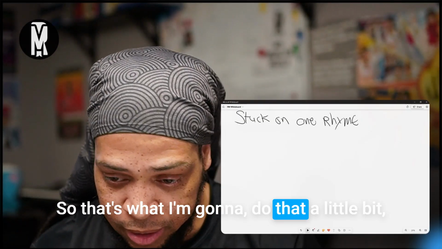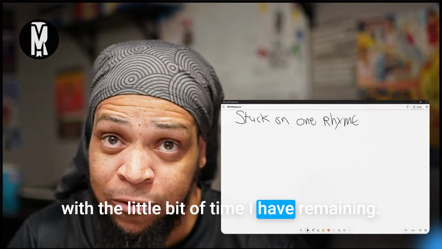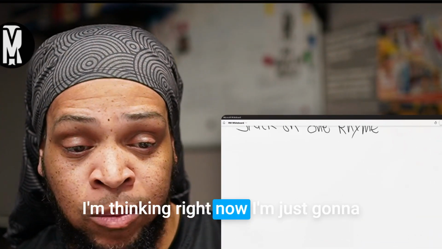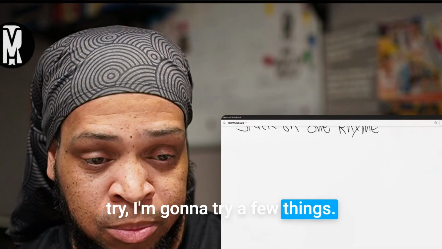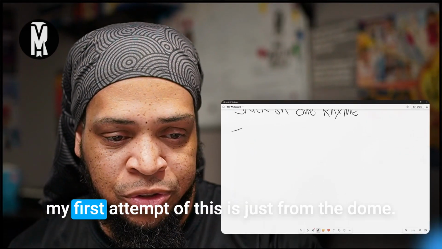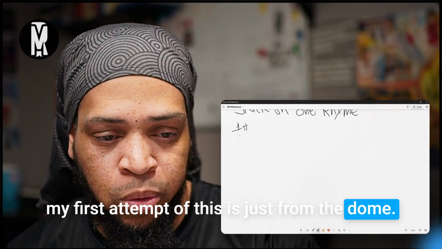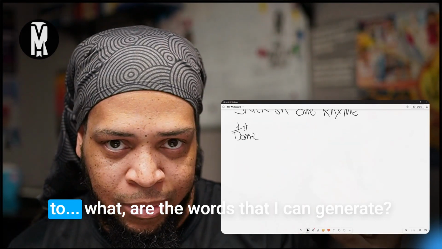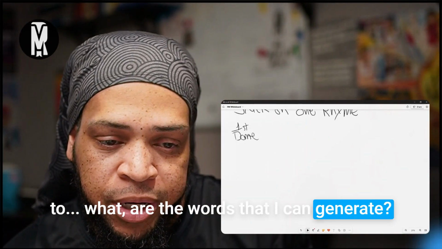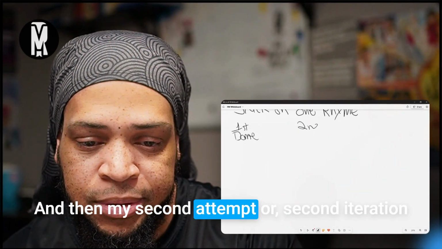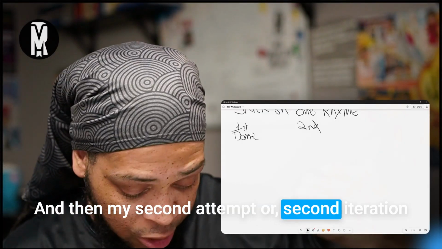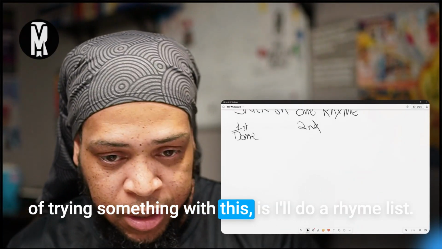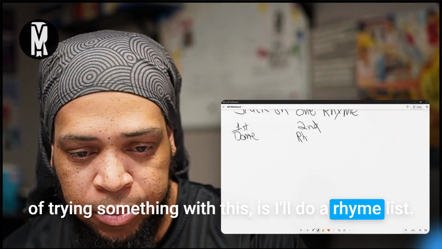So I'm going to do that with a little bit of time I have remaining. I'm thinking right now I'm going to try a few things. My first attempt at this is just from the dome. Basically, I'm just going to use my memory to see what words I can generate. And then my second iteration of trying something with this is I'll do a rhyme list.